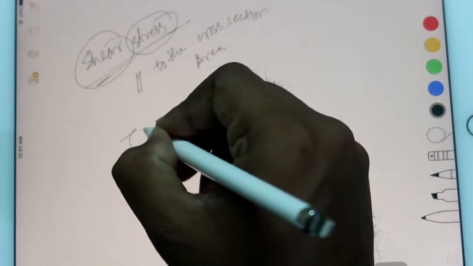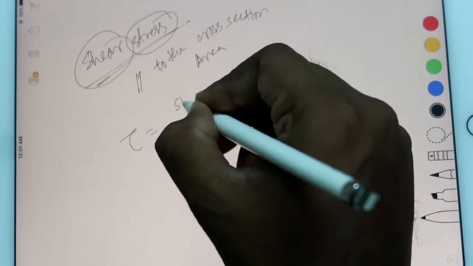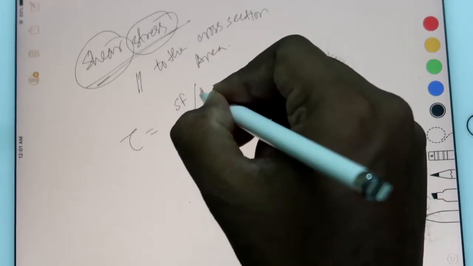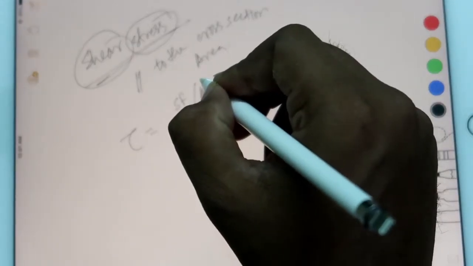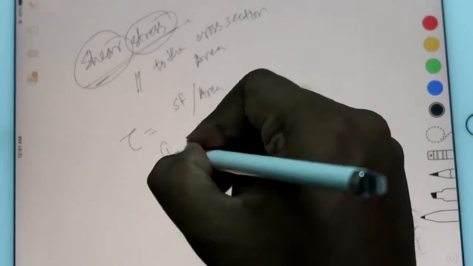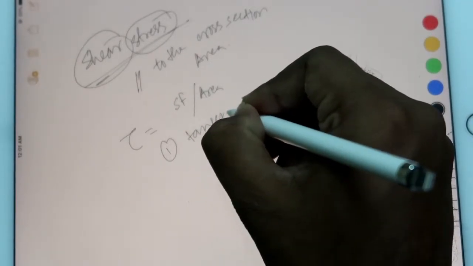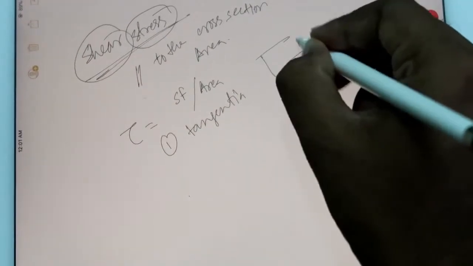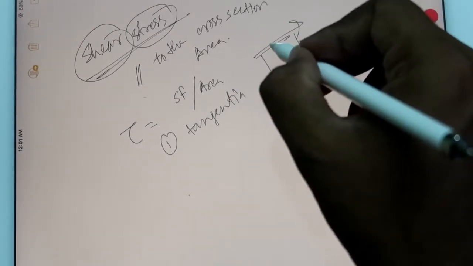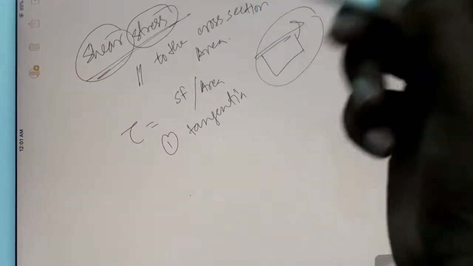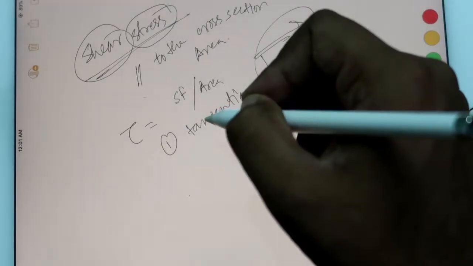Very simple. Tau equals shear force per unit area, which is tangential in nature, because this is the body and this is acting parallel, so it is kind of tangential.